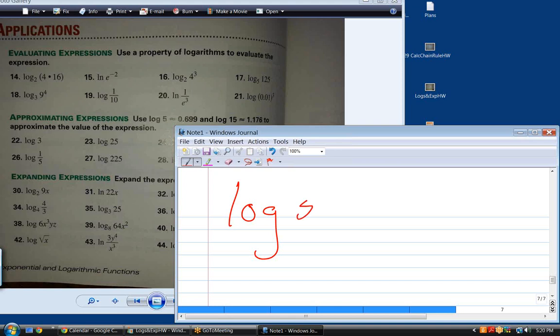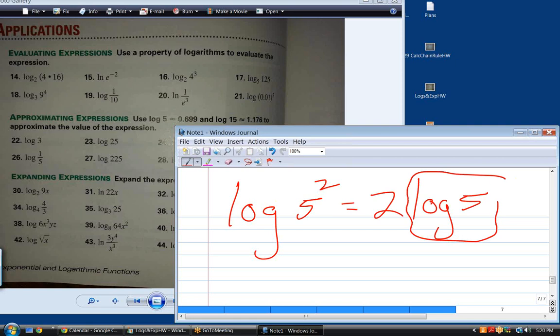Here's what I'm going to do: the log of 5 squared, because 5 squared is 25. In other words, I'm going to make my 25 be 5 squared, because I know how to handle log 5. They're telling me what it is. And this, I can bring the 2 down in front, is 2 log 5. Again, substitute whatever number they gave us for log 5, 0.699. Multiply it by 2, you have your answer.